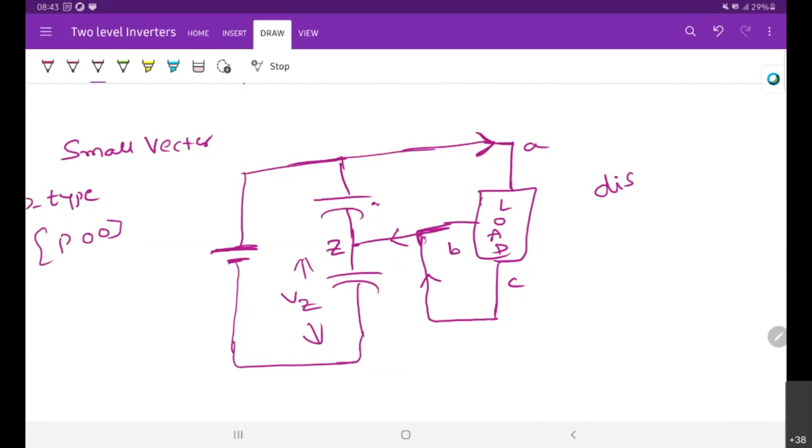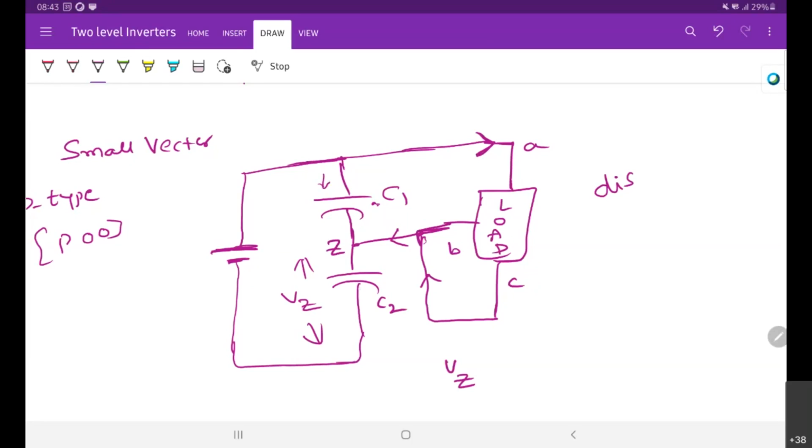So in this case, if it is connected like this, what is the voltage? This is VZ. This is C1, for example, and this is C2. If C1 is discharging, what is the state of C2? Or in other words, will this VZ increase or decrease? Increase. So this capacitor is discharging, right? That means the voltage in this capacitor is reducing.